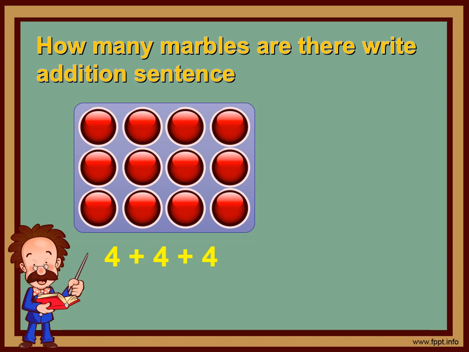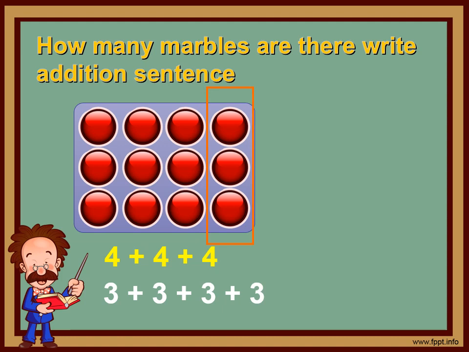Can I write another addition sentence? Yes, sure. I can write by columns. So this is my column. How many in my column? 3. So I'm going to write 3 plus 3 plus 3 plus 3.